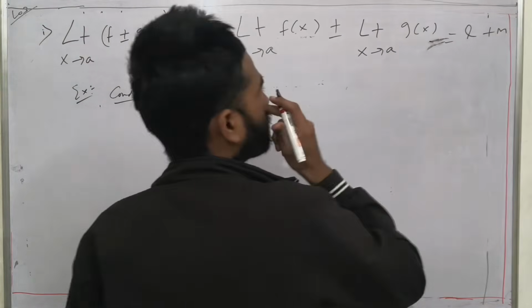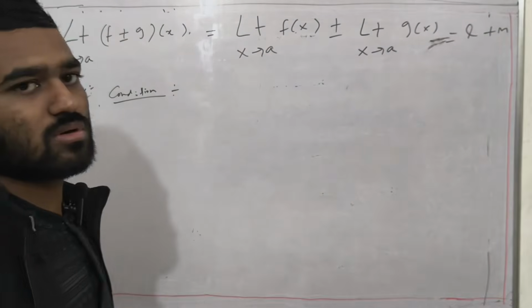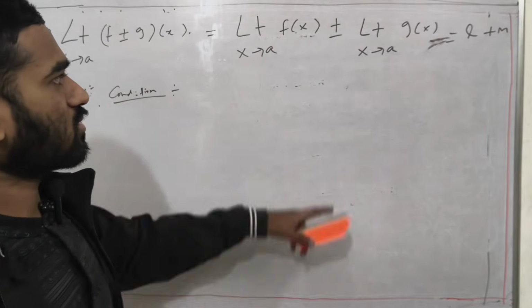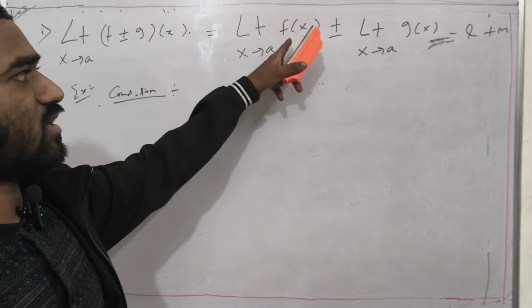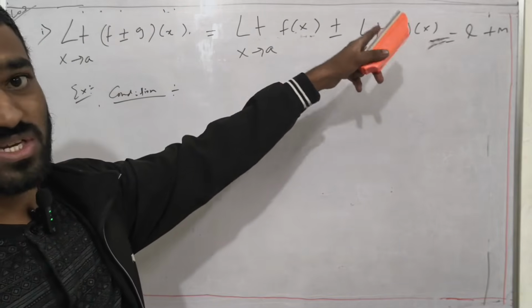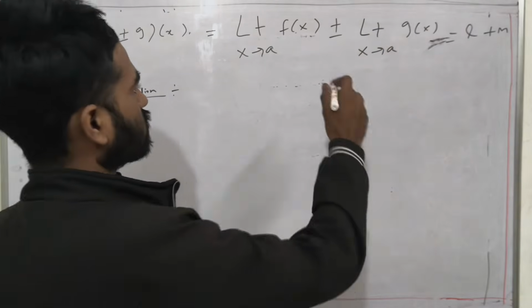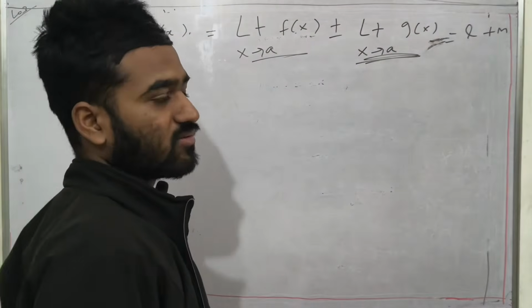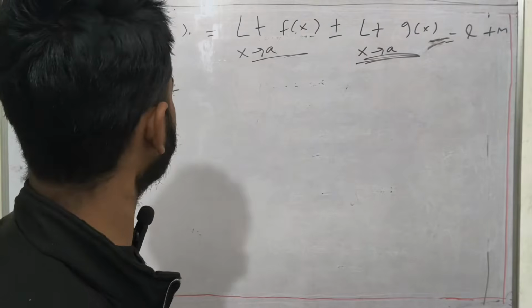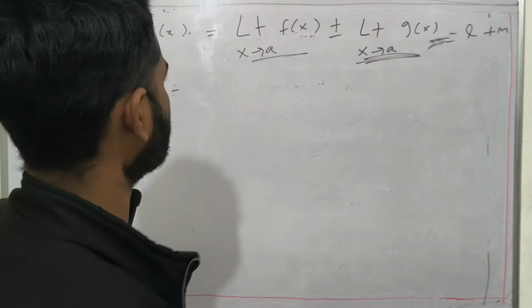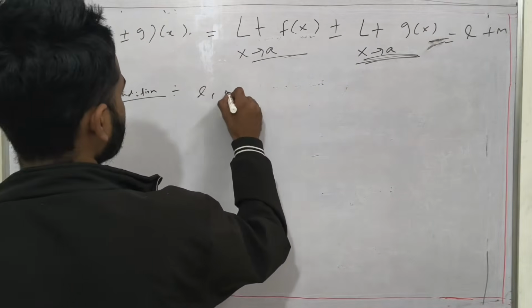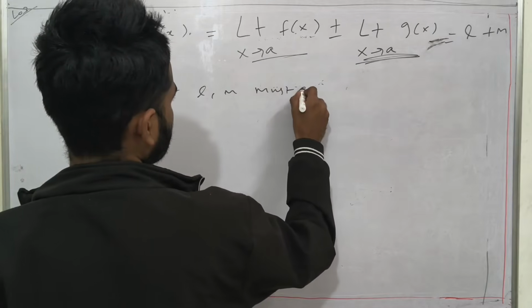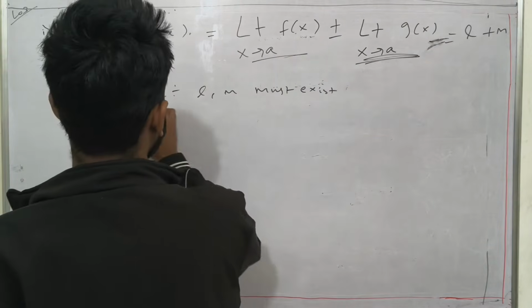For using this rule, both limit x tends to a f of x and limit x tends to a g of x must exist. If not, you can't use this rule. I will show why we can't use it. So the condition is both limits l, m must exist, then only you can use this.